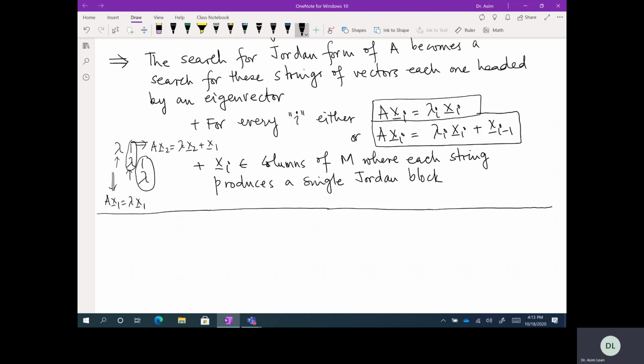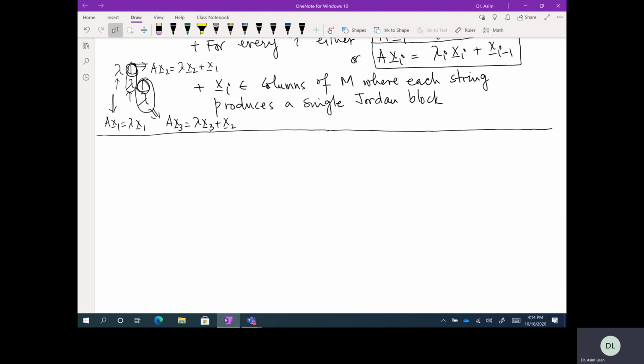And this one is going to give you A x3 equals lambda x3 plus x2. Because of this one, you have to add the previous vector. So just keep this in mind. Either you have the eigenvalue equation, or for the generalized case, you have to add the previous one.